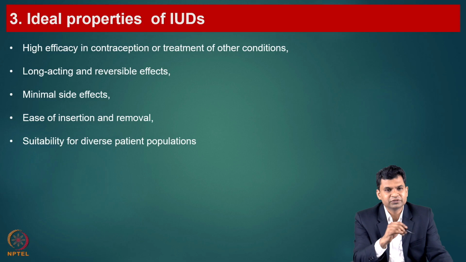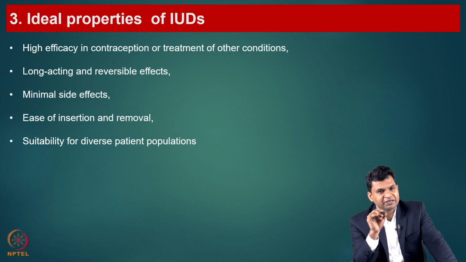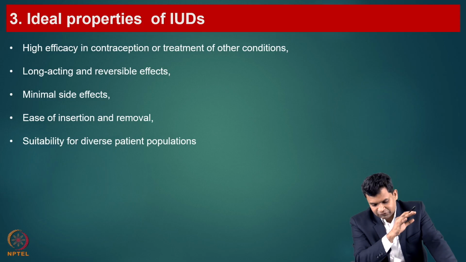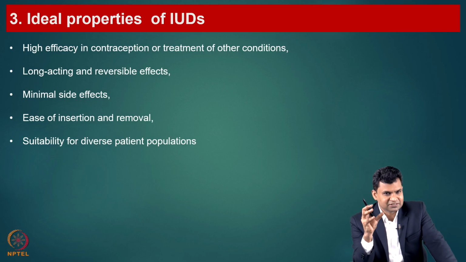So, now we are going to discuss the ideal properties of an intrauterine drug delivery system. By using a device, we know it will be long acting, that is, it will give controlled release properties and you can protect the drug in the device.